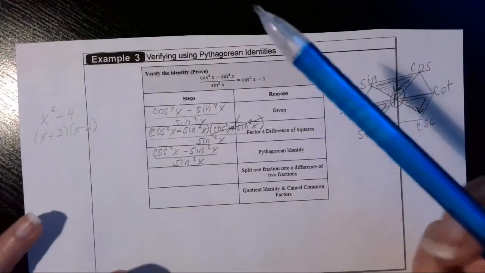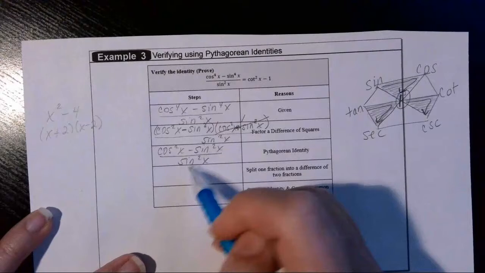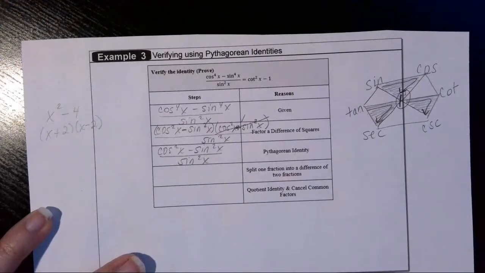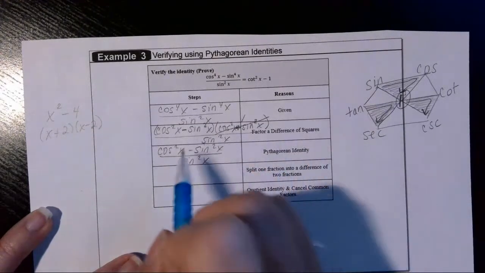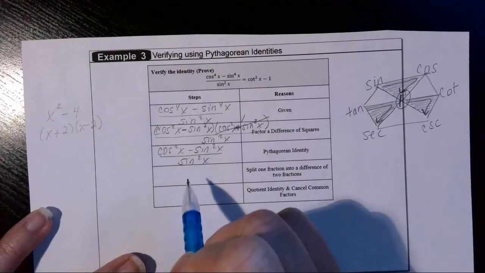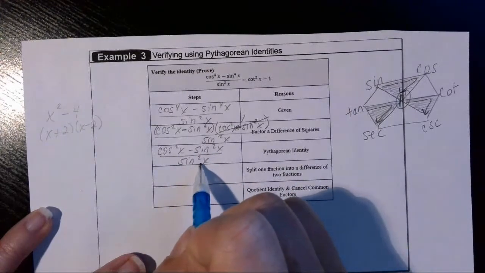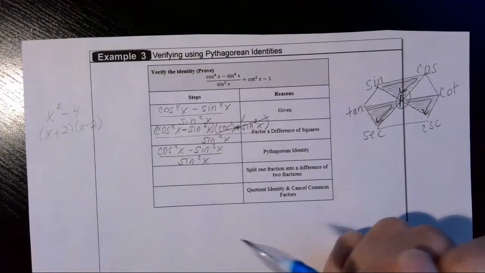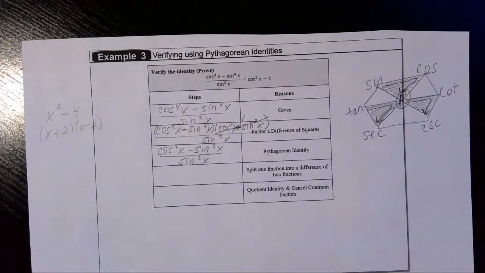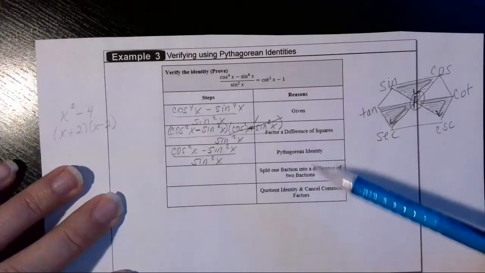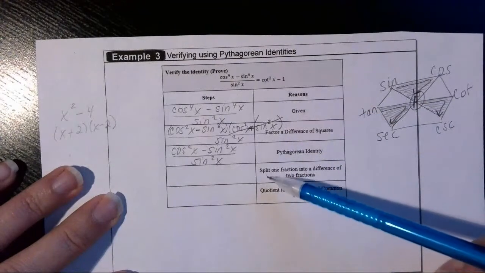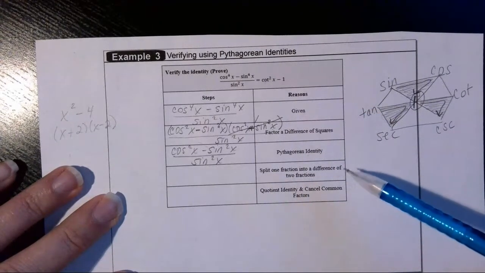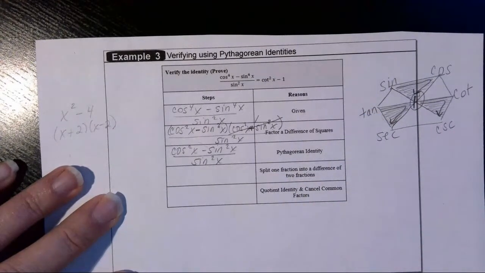Okay, now you're tempted, everybody's tempted, to cancel those sine squared x terms out of there. You cannot do that though, because this is a binomial in the numerator and this is a monomial in the denominator. So we don't have factors. We can only cancel common factors, not common terms. Now we're going to look down at our next reason, which tells us to split one fraction into a difference of two fractions.